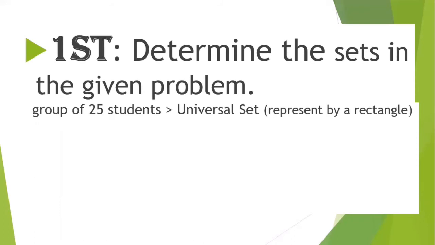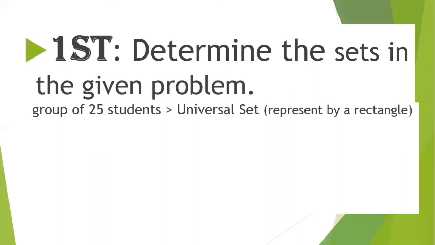So it stands for the universal set. Let me remind you, when we say universal set, siya yung set kung saan nandoon sa kanya ang elements for consideration. So dito, kino-consider natin yung 25 students, so ibig sabihin siya yung universal set. And universal set is represented by a rectangle.